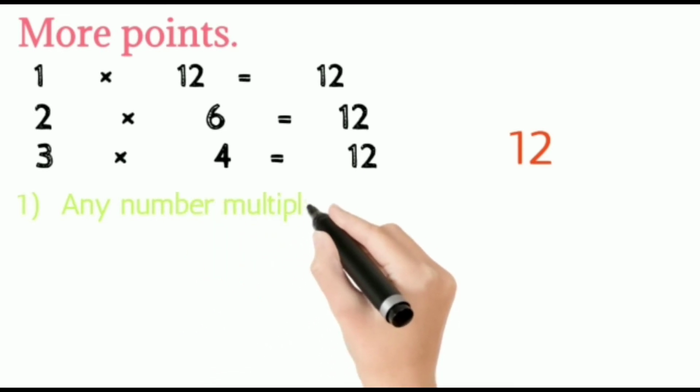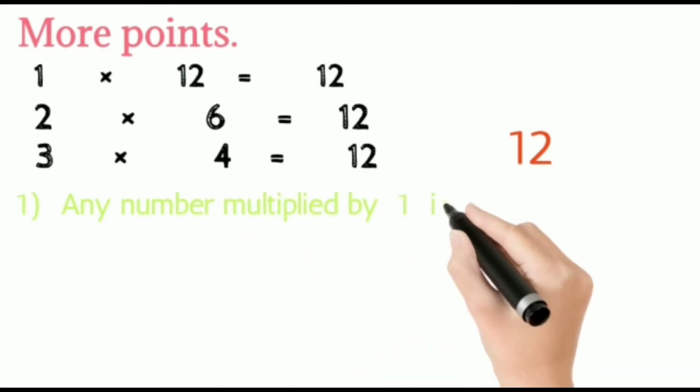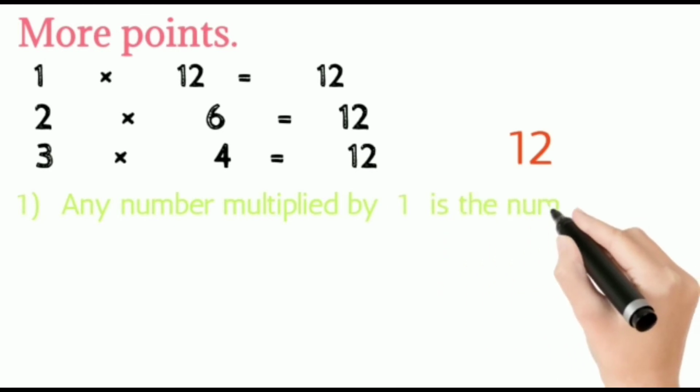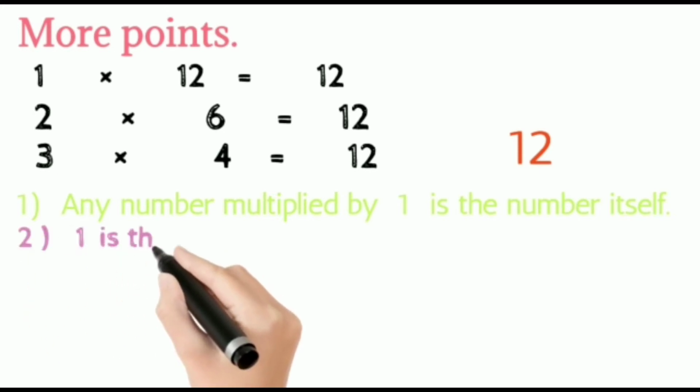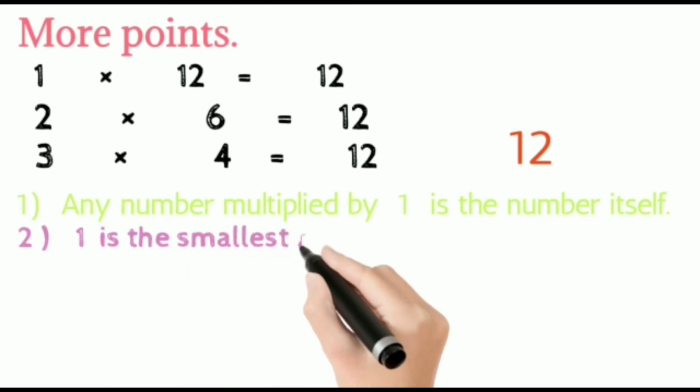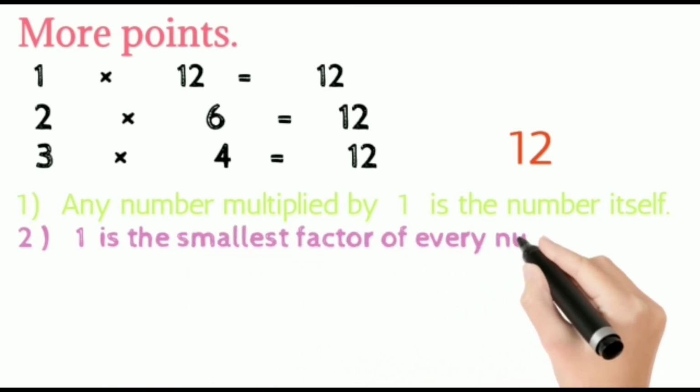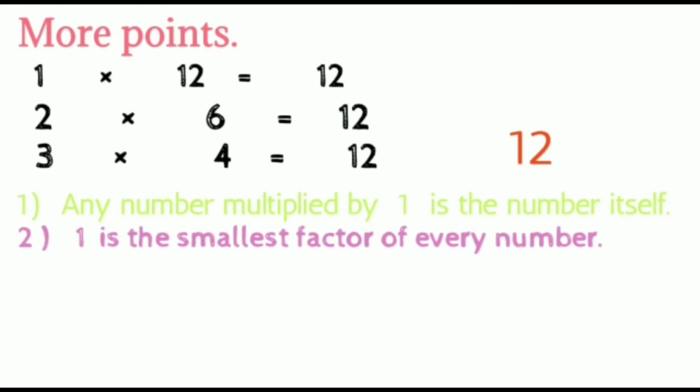Rules. Rule 1: any number multiplied by 1 is the number itself. Here we can see 1 multiplied by 12, then we will get 12. Rule number 2: 1 is the smallest factor of every number.